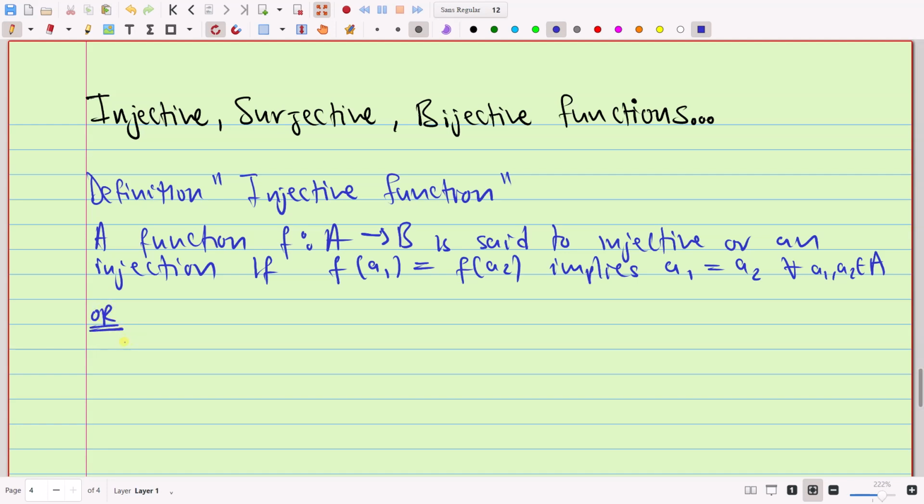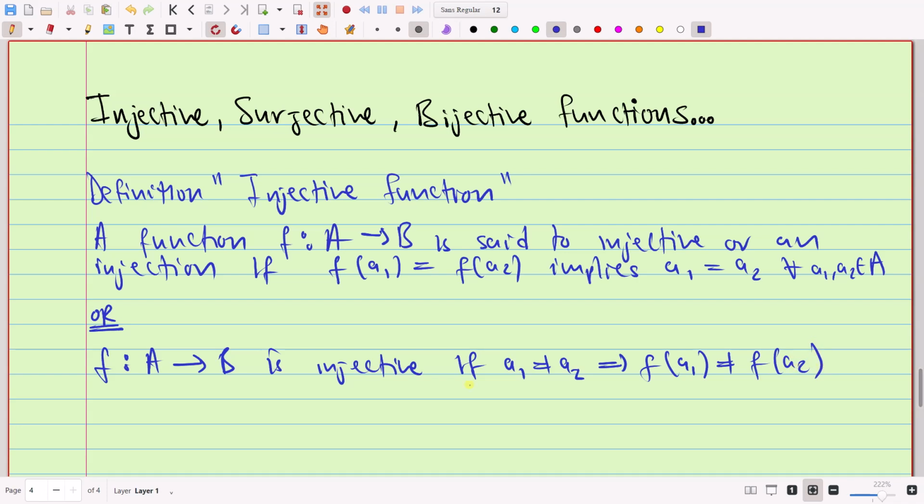Or, f from A to B is injective if A1 not equal to A2 implies f of A1 is not equal to f of A2 for all A1, A2 elements of A. Easy.